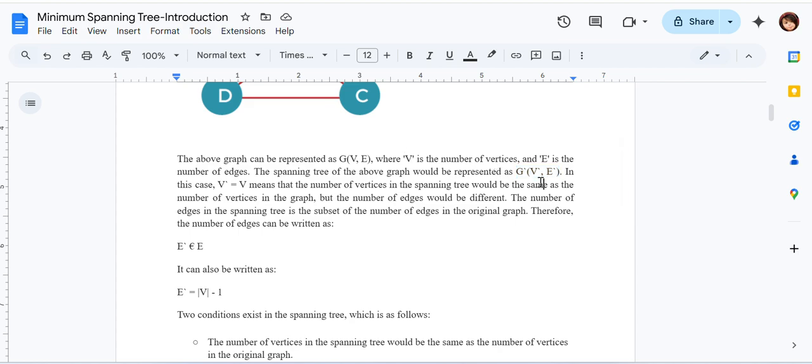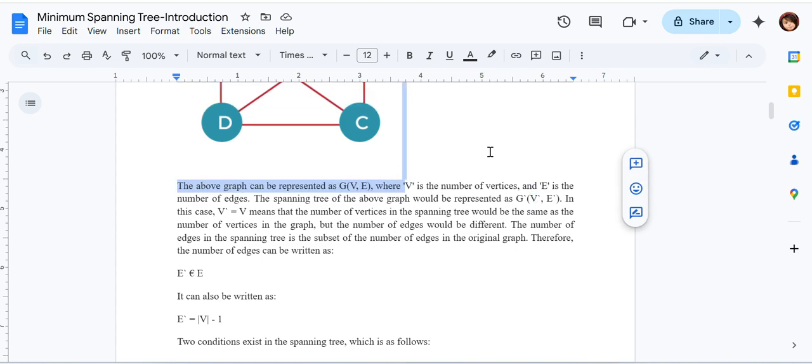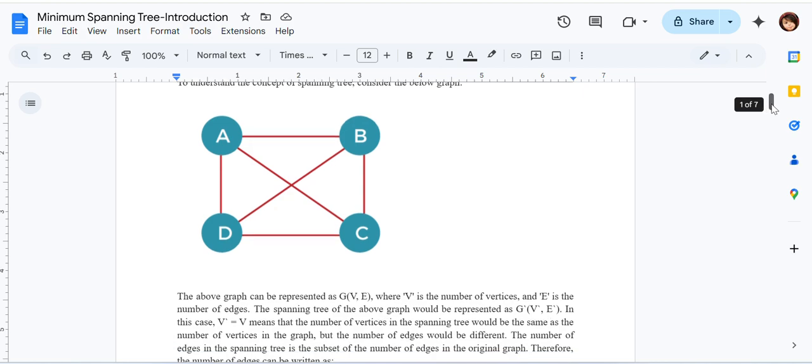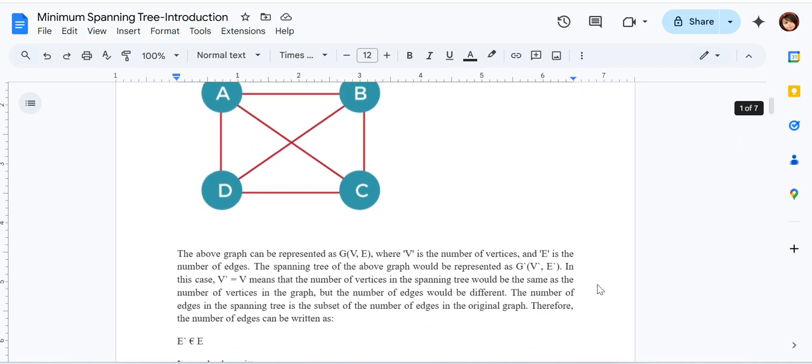Let's understand how this is different from the original graph. Here V' is the number of vertices in the spanning tree, and E' is the edges of the spanning tree. In the given graph, V represents the number of vertices and E represents the number of edges.